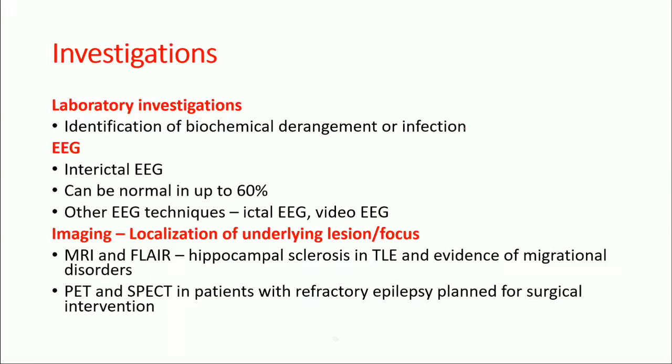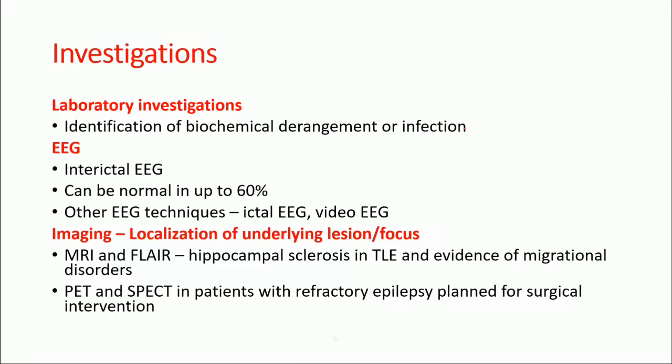The next thing to do is an EEG. Now remember, EEG is not a magic bullet. It's not positive in everybody. Remember the interictal EEG. What that means is, if you record an EEG when somebody is just normal, without a seizure, that can be normal in up to 60% of people.